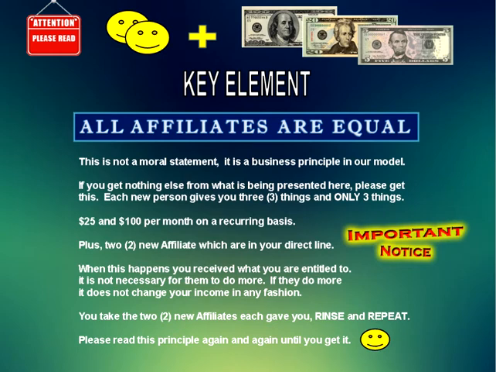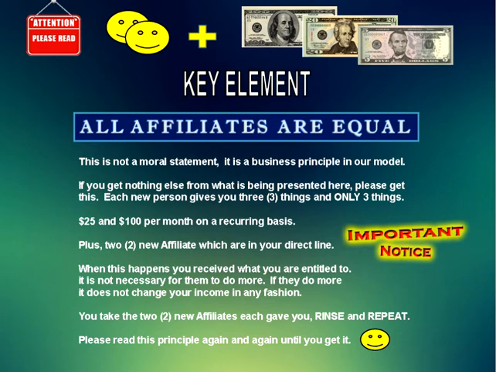Well, they give you 2 new affiliates. That's all you get from this individual, $125 and 2 new affiliates. Now, you do the exact same thing with those 2 new affiliates: get $125 a month from them each, and they in turn give you 2 new affiliates, and you do that over and over again.